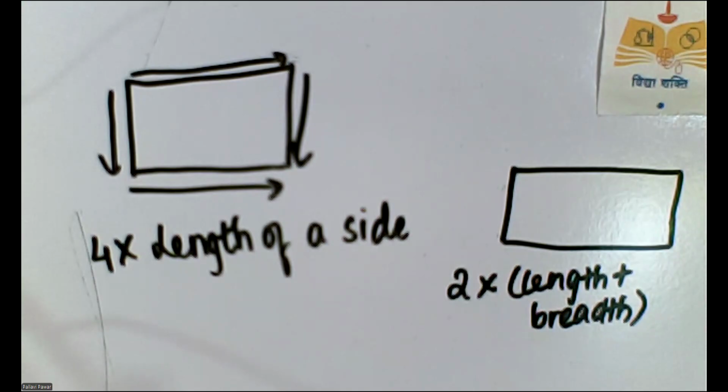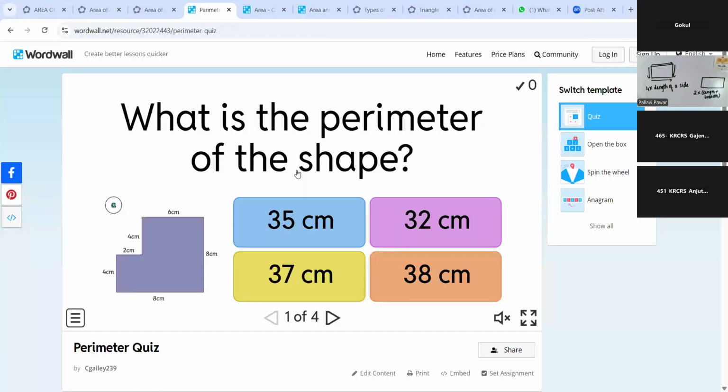Are you ready? Yes. So the first question, what is the perimeter of the shape? This is the shape given here, and you have to calculate the perimeter. What do we know about the perimeter? That the boundary measurements add up to the perimeter. So quickly add all the side measures given here, the lengths of the sides.